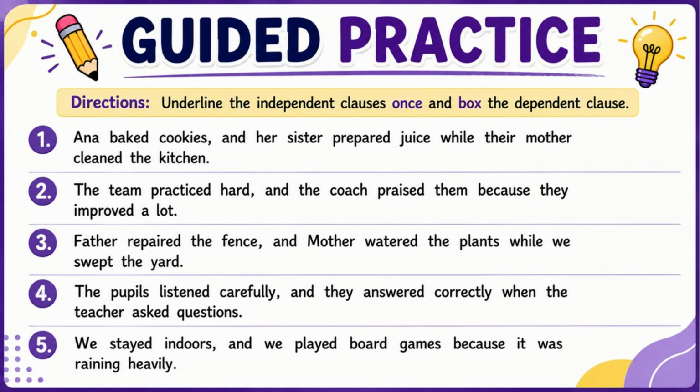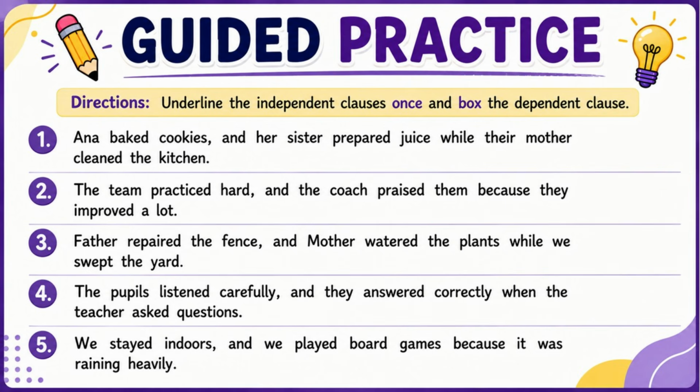For our guided practice, here is the activity. Directions: Underline the independent clauses once and box the dependent clause. 1. Anna baked cookies and her sister prepared juice while their mother cleaned the kitchen. 2. The team practiced hard and the coach praised them because they improved a lot. 3.